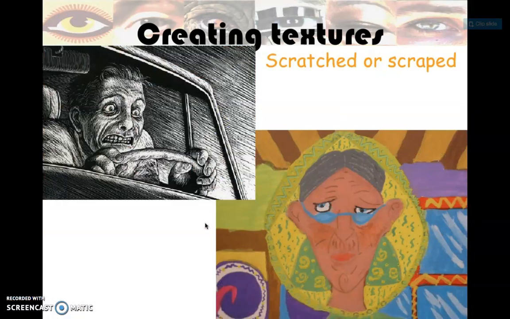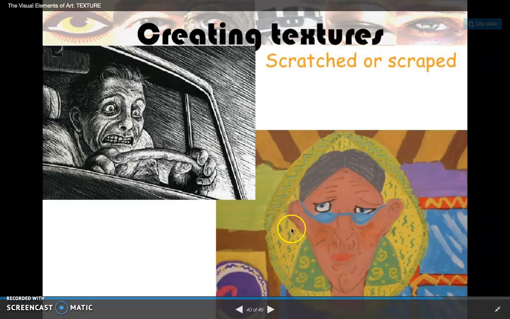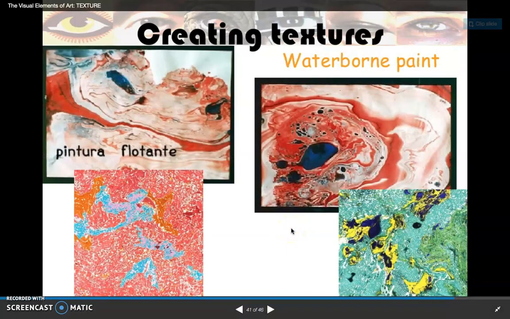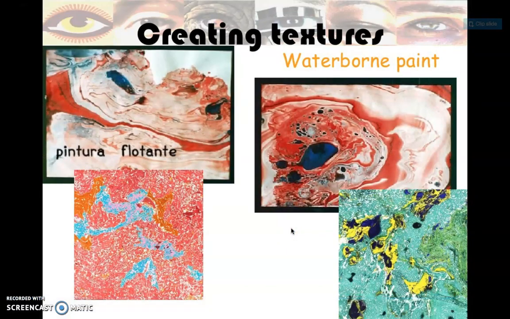Scraps, scratching. You could do that too. Oh, this is so much fun. So you put water, and then you put the paint on, and then you take the paper, and the paint will stick to the paper. Yeah, really fun.